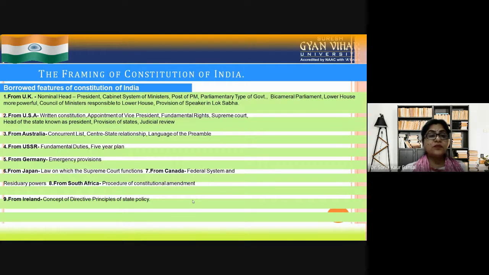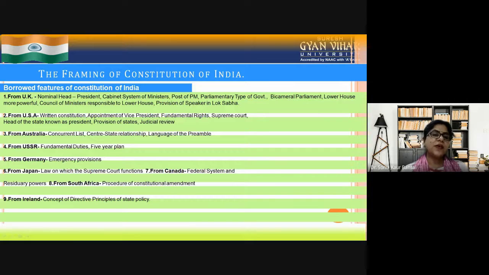Now, before coming to how the Constitution of India was framed, I briefly want to tell you about how it actually developed. Its sequential timeline of the formation of the Constitution of India.